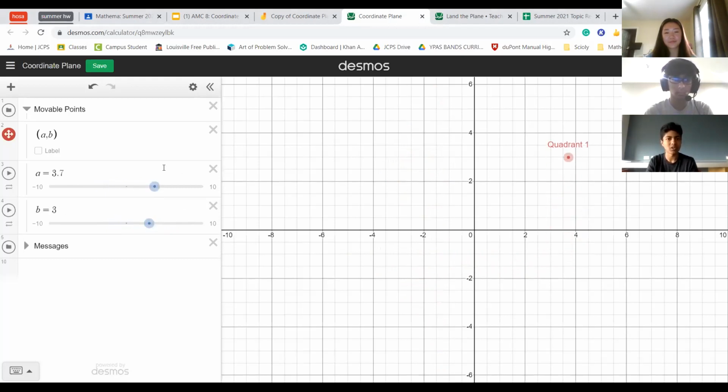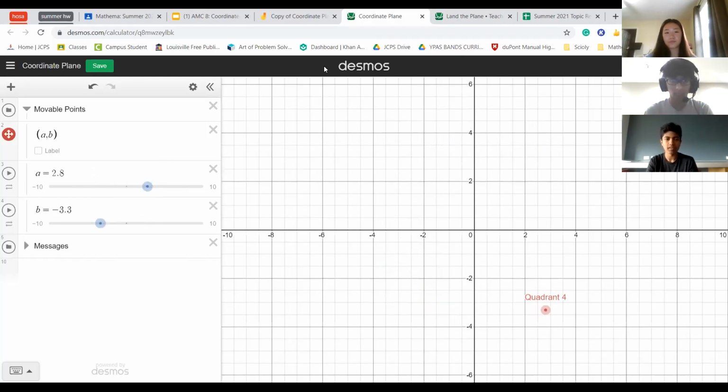That's how you're going to express any point on a Cartesian plane. And also, if you guys see the point moving, it says quadrant something at the top. So the point is in right now the first quadrant, and then it goes counterclockwise. So the second one is on the top left, and then the third one is down here at the left. Then the fourth one is over here on the right.